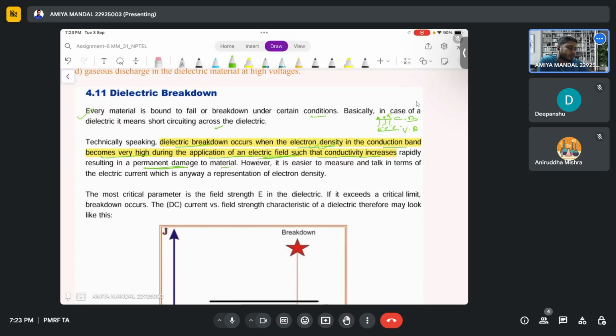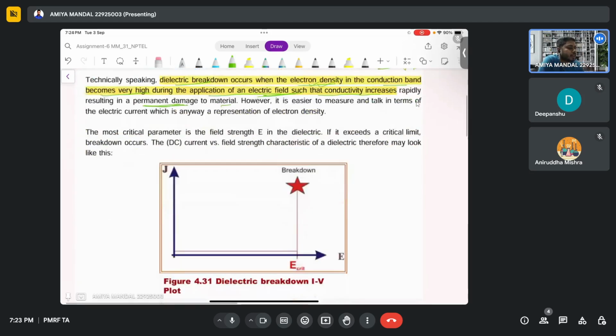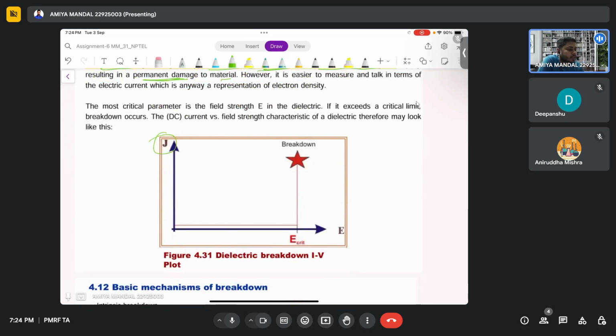Damage, in the sense that it damages its insulating property. However, it is easier to measure in terms of the electrical current, which is represented as current density, current per unit area. You can see that with the increment of electric field, the current density is almost constant.